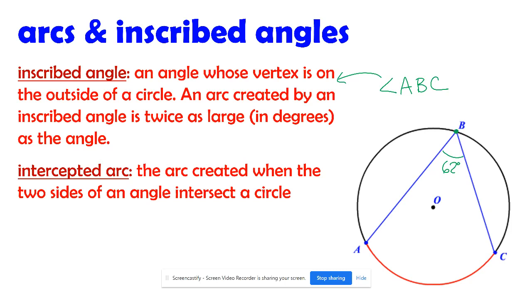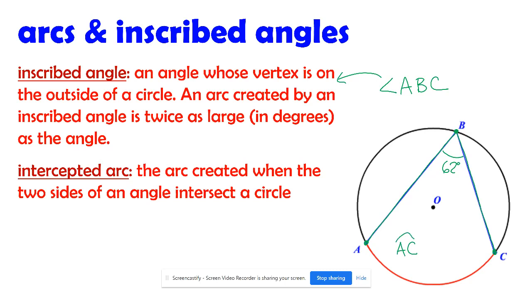When you have an angle on a circle, whether it's a central angle or an inscribed angle, and you follow the sides of the angle all the way out until they hit the circle, the arc that it creates between the 2 points is called the intercepted arc. So arc AC is the intercepted arc.